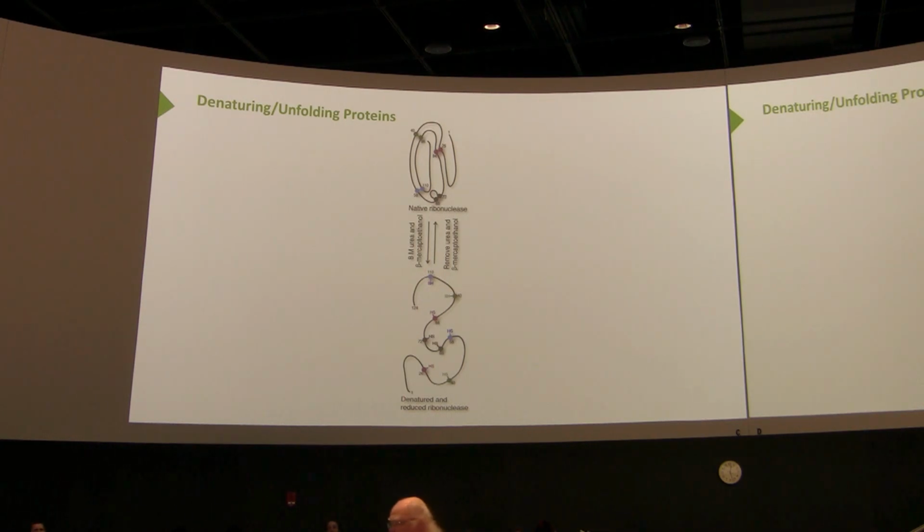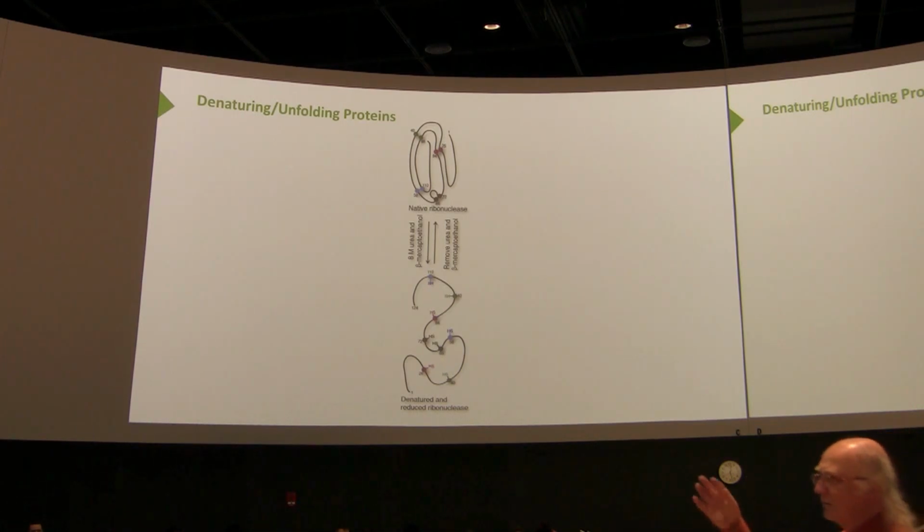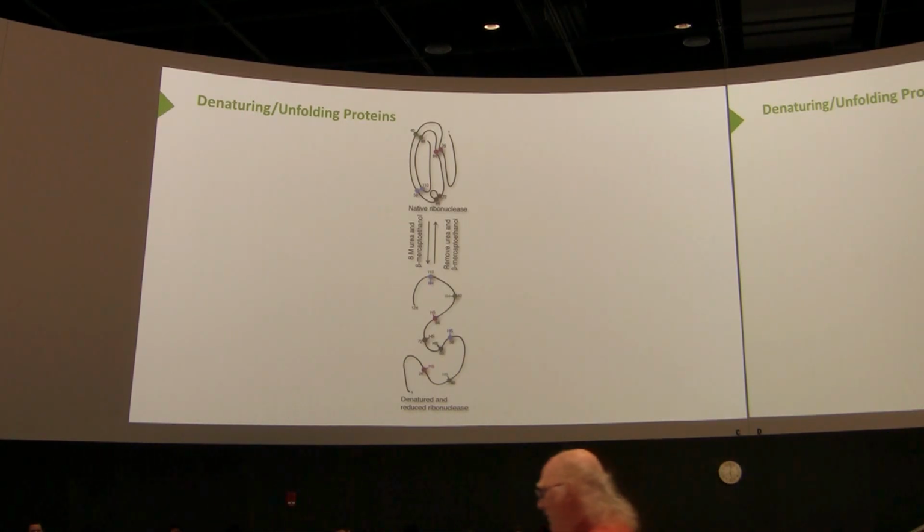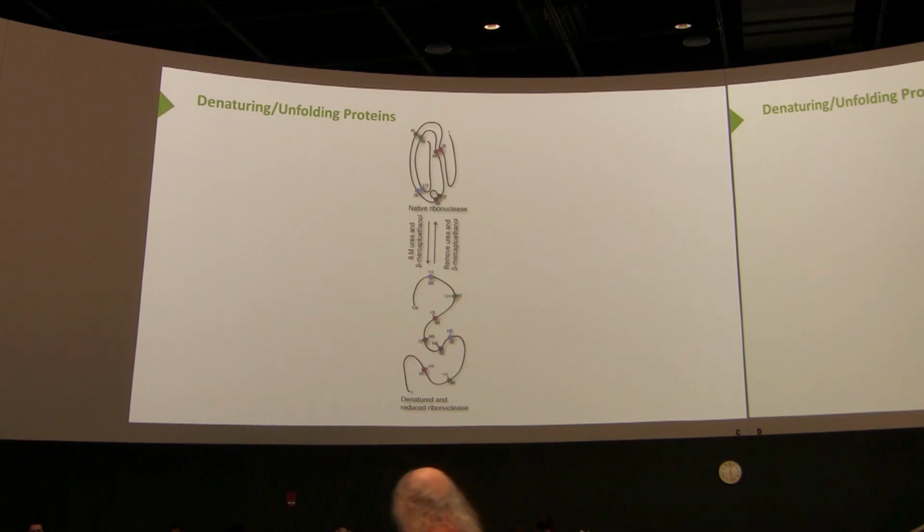It tells us, first of all, that the hydrogen bonds aren't the most important force holding RNase together, and I can treat it with a variety of agents and still have some activity associated with it. Only when I treat RNase with beta-mercaptoethanol and heat, or with urea, do I discover that I lose all of its activity.